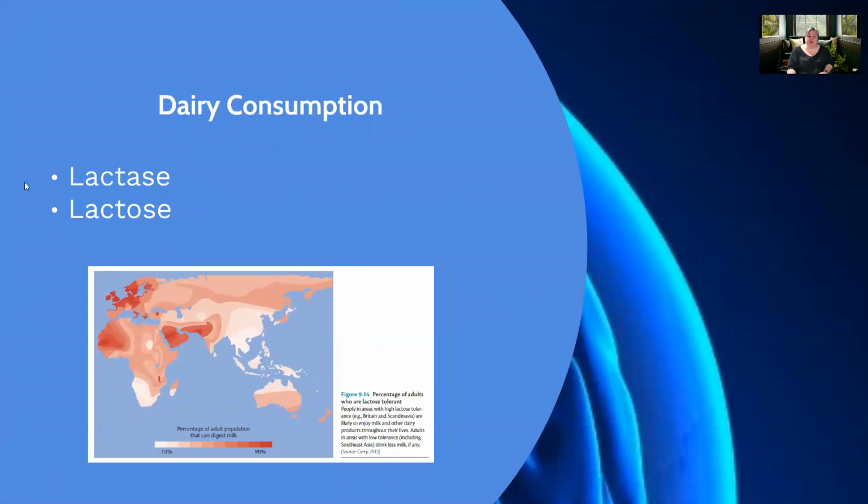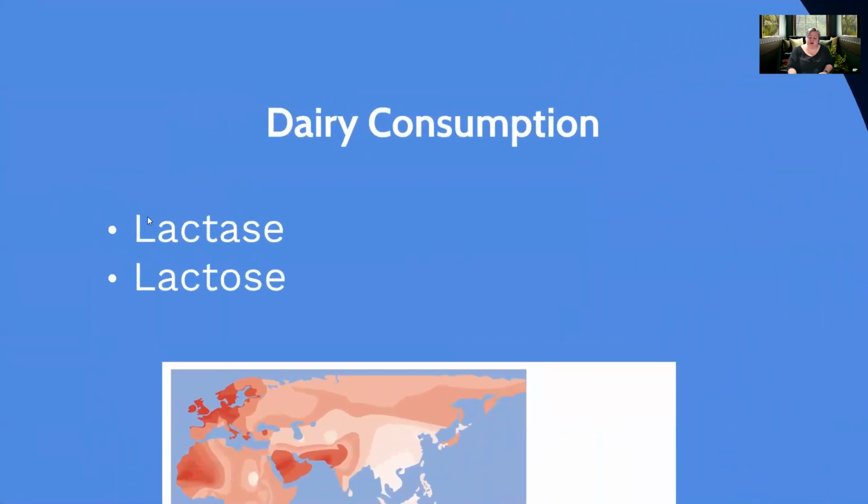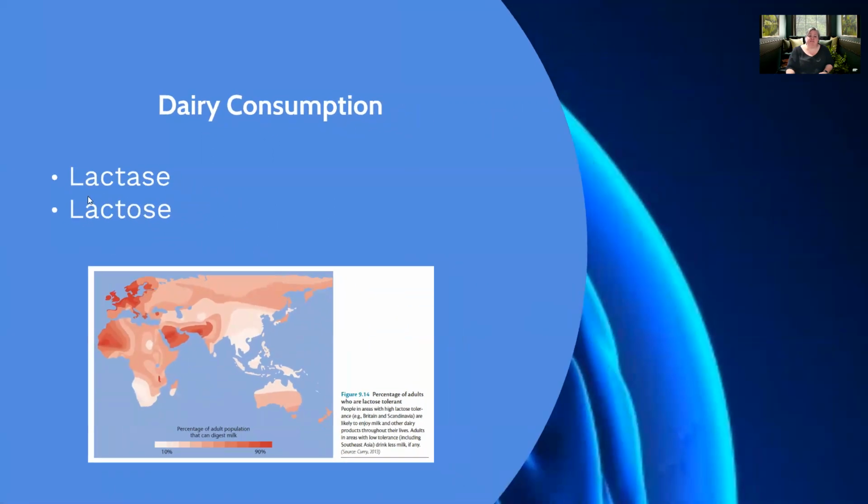Some sort of milk is what we're drinking and how we're getting our nourishment. Milk in general has a type of sugar called lactose that needs a certain type of enzyme to process, which is lactase. So when we're born, we have lactase, unless we're a lactose intolerant baby.